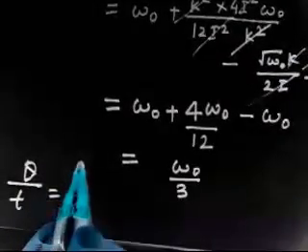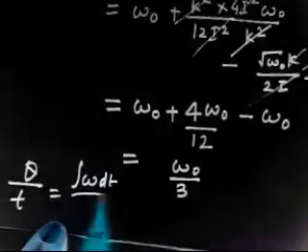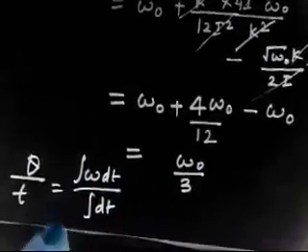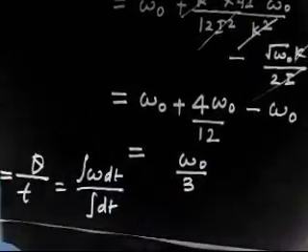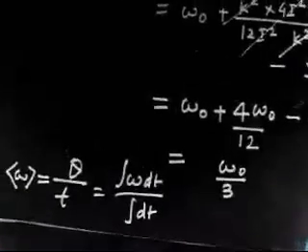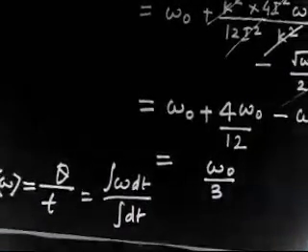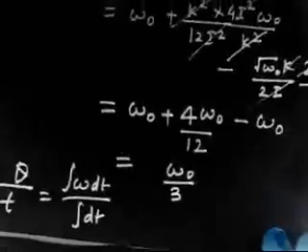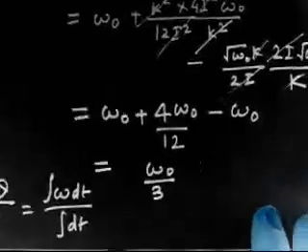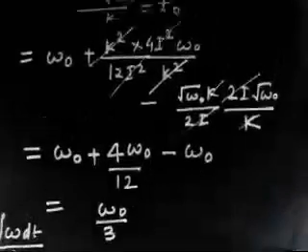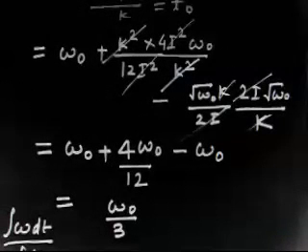Theta can be written as integral of omega dt, and time can be written as integral of dt. So this is the average angular velocity. Are you getting? So if I use this, I can finally get that the average angular velocity will be omega naught by 3. And this is a pretty easy problem. You only have to put the value of t naught and do the integration, and you will get the final result.